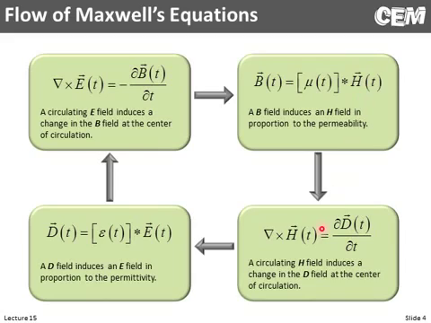Given the new H field, we can calculate the curl of the H field and update the D field based on the curl of H. Once we have the new D field, we can then go to our other constitutive relation and calculate the new E field. Given the new E field, we'll calculate its curl and we'll update the B field.